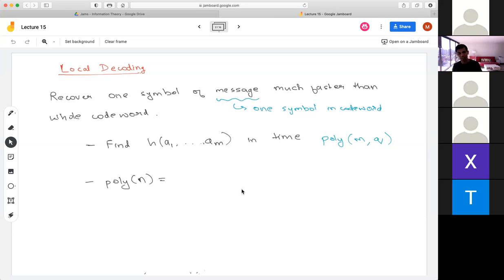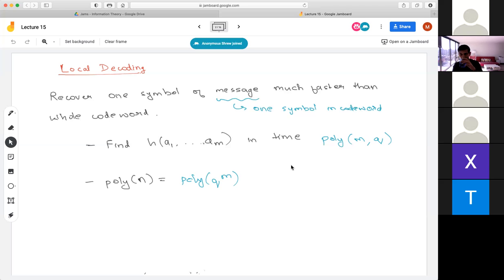If you had a polynomial time decoding algorithm and decoded the whole code word, this would take time polynomial in the block length, or rather polynomial in Q to the M, which is the total number of evaluations we write down. So we want to do it much faster. We are not going to write down the entire code word; we don't quite have the time to do that. So we are just going to find one location of the code word or one location of the message.